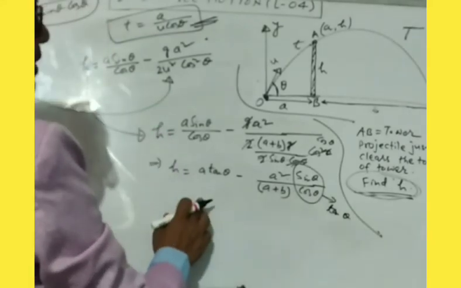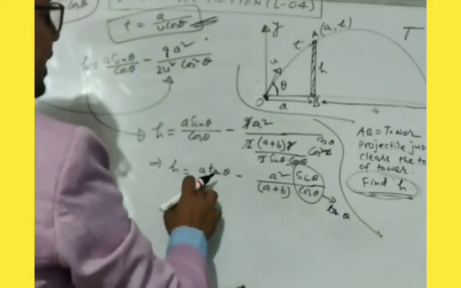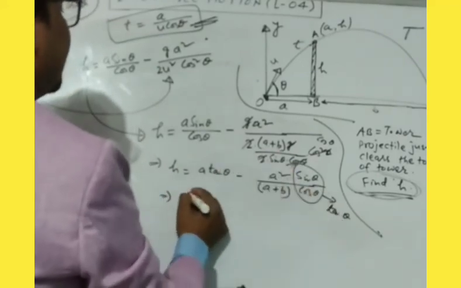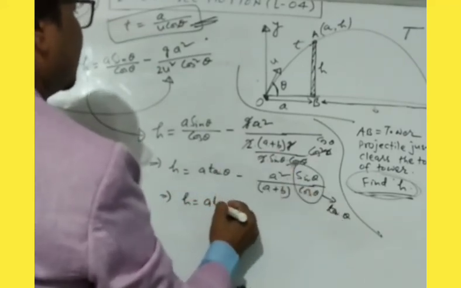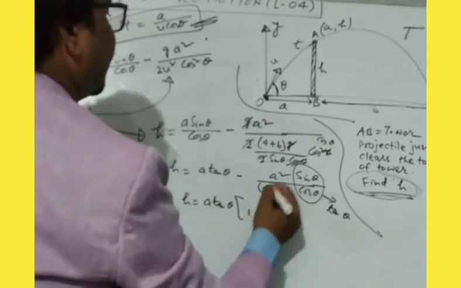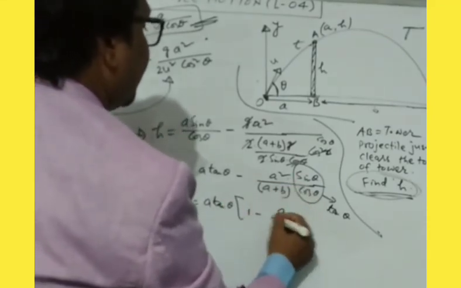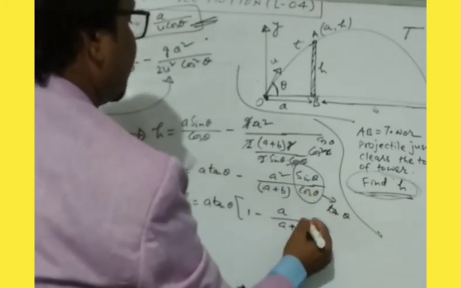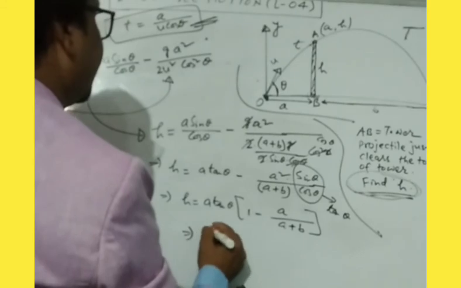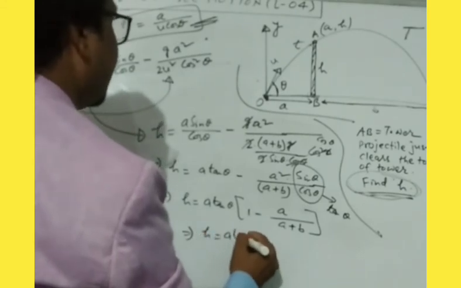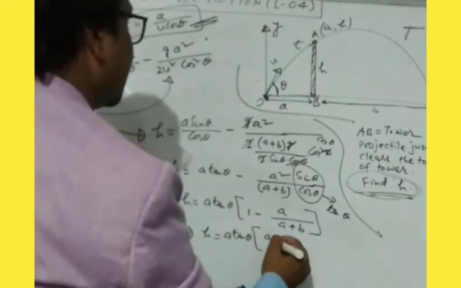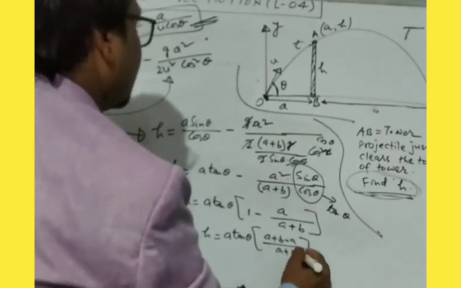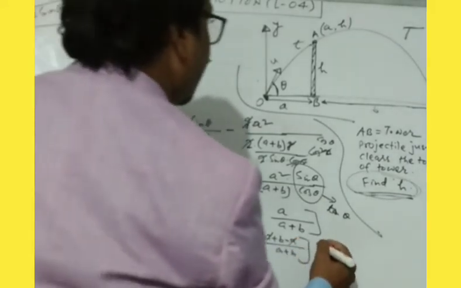That means you can take a common factor of a tan theta. So finally h equal to a tan theta times one minus a upon a plus b, or finally h equal to a tan theta times a plus b minus a upon a plus b. So this minus a plus a will cancel out.